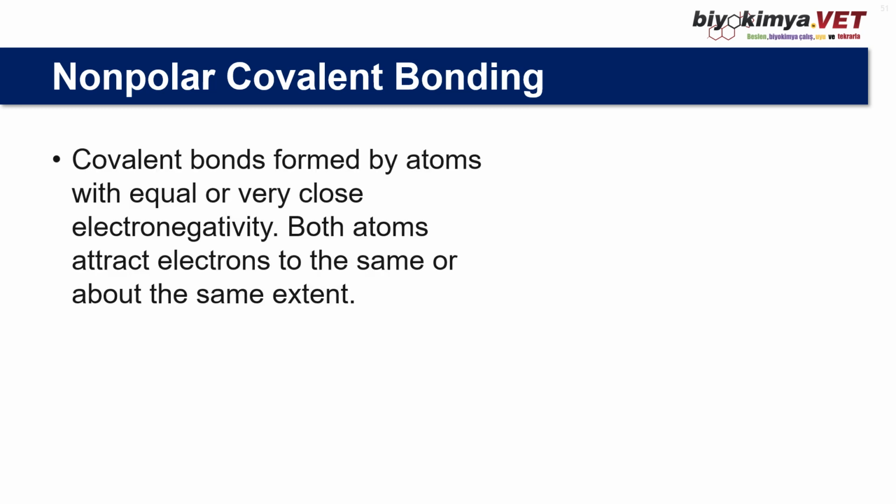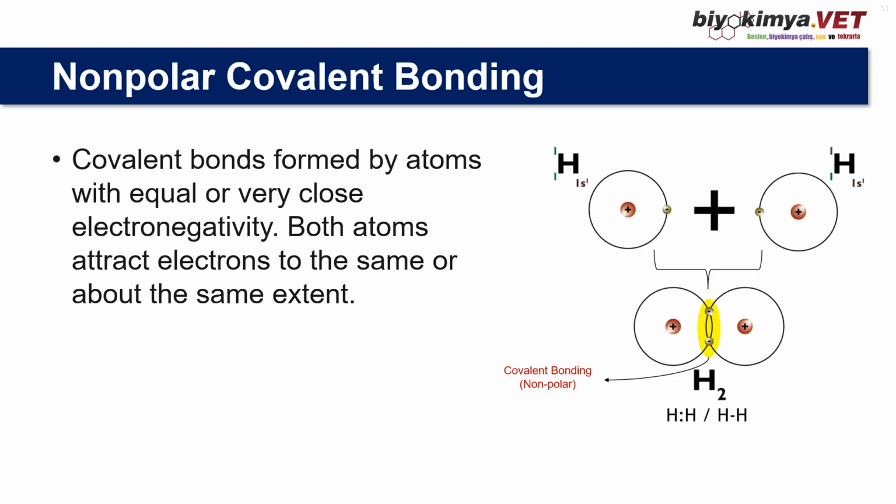Covalent bonds formed by atoms with equal or very close electronegativity, we call non-polar covalent bonds. Both atoms attract electrons to the same or about the same extent. Here you see an example of hydrogen gas, where the two hydrogen atoms share one electron each.